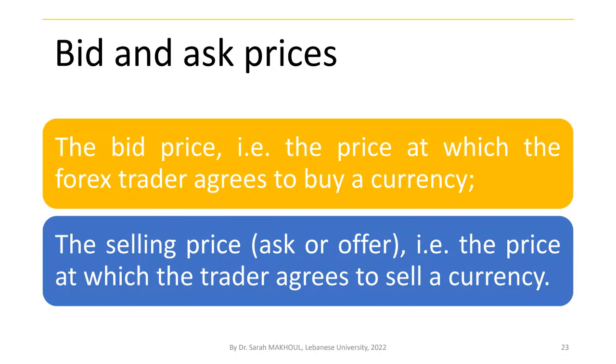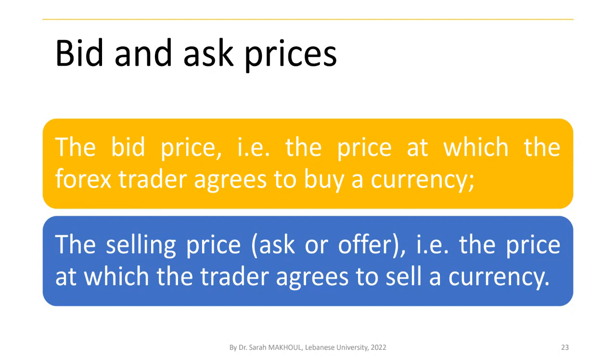If Maria goes to the bank and wants to buy dollars, she is in the bid price situation. If she wants to sell euros, she is on the selling price to see how much she will get to exchange those euros she wants to sell.